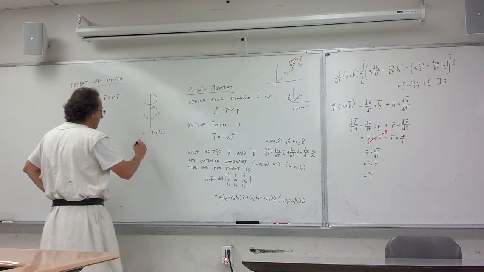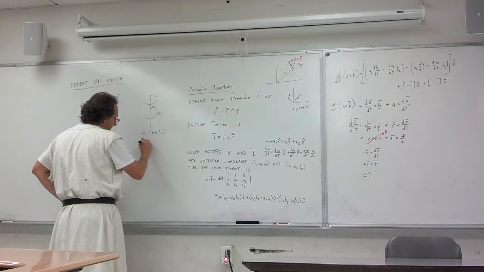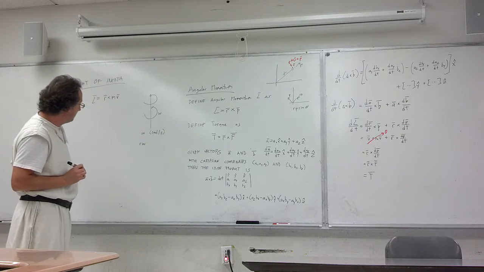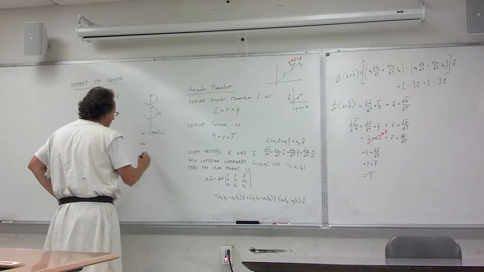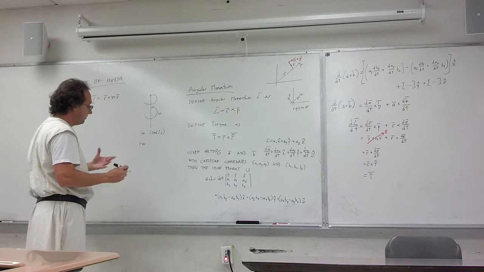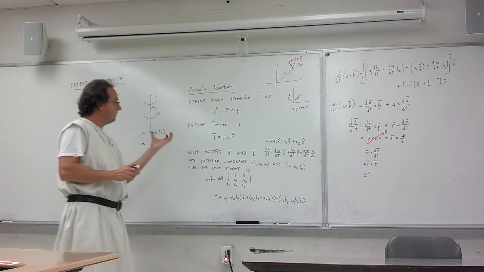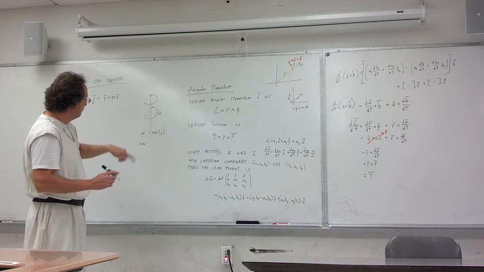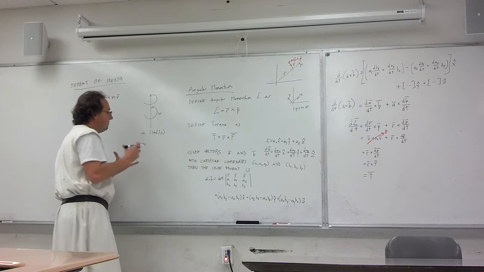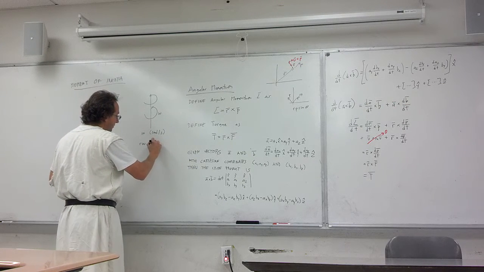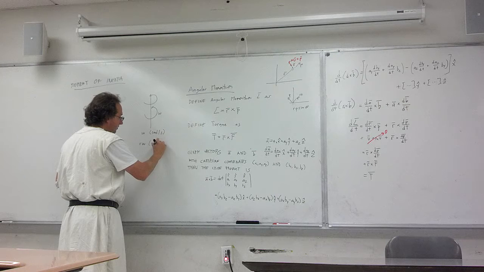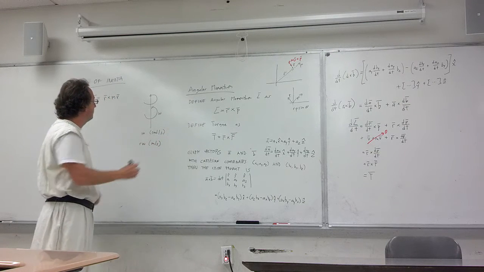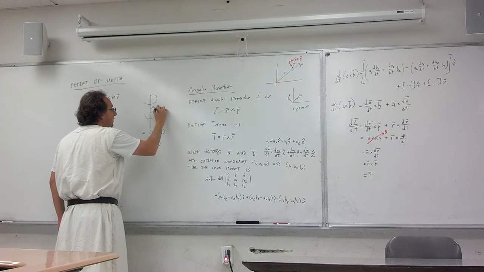If we multiply it by the radius, you think of something rotating. The radius times omega is going to be meters per second. So this is the velocity of some point out here.